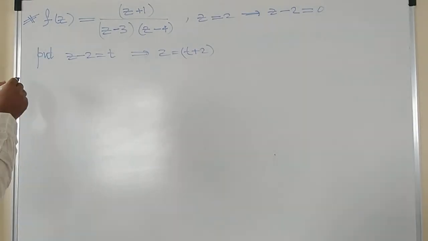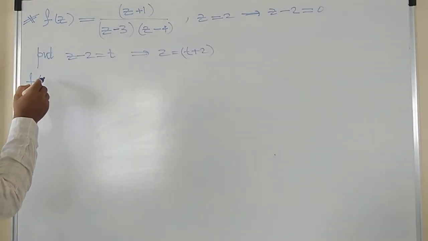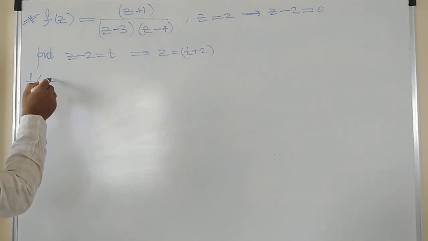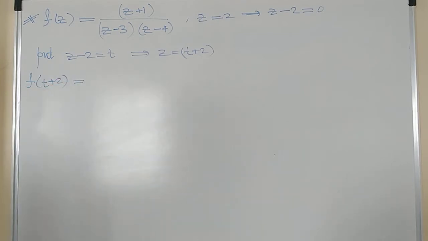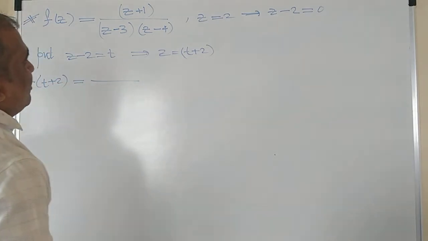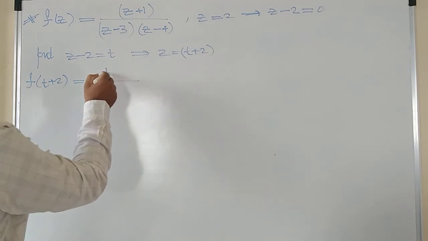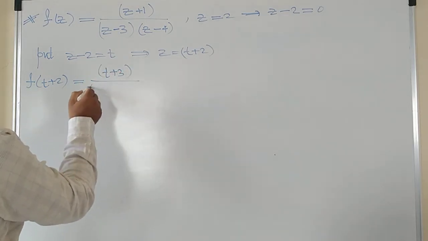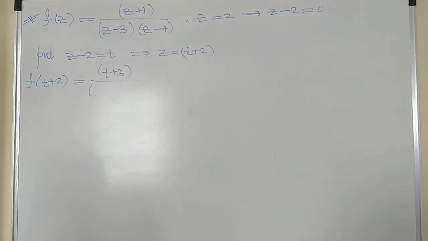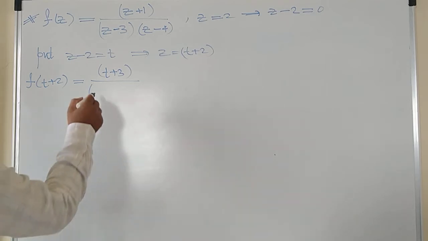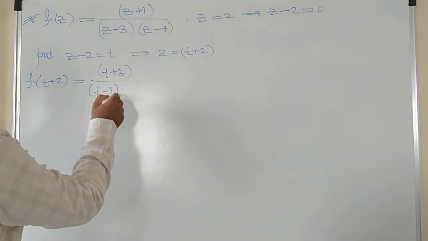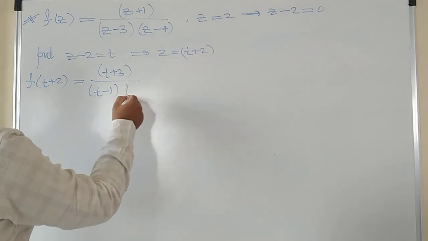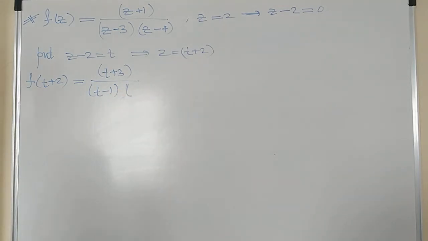If you put z is equal to t plus 2, your relation will change to f of t plus 2 is equal to z plus 1, that means t plus 3, divided by t plus 2 minus 3. 2 minus 3 is minus 1, that means t minus 1, and z minus 4, that means t plus 2 minus 4.